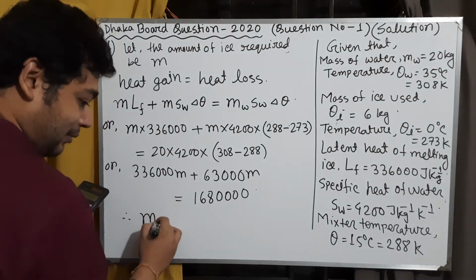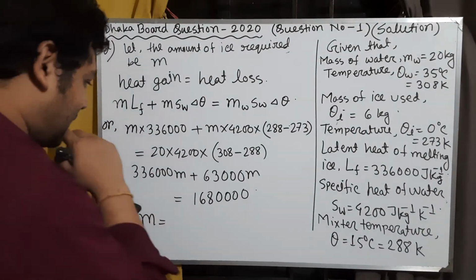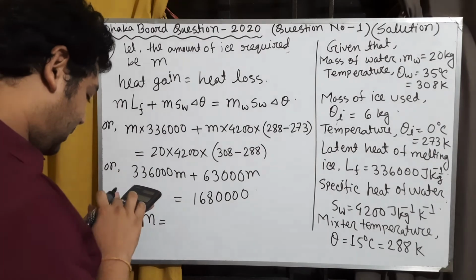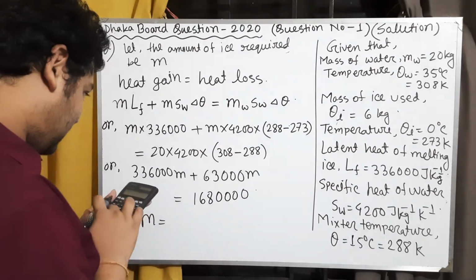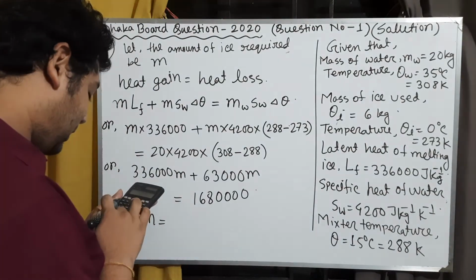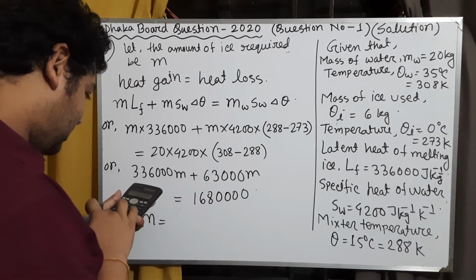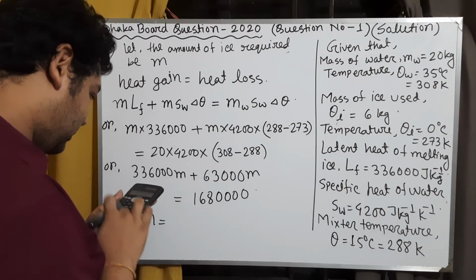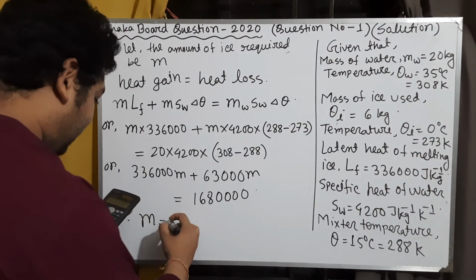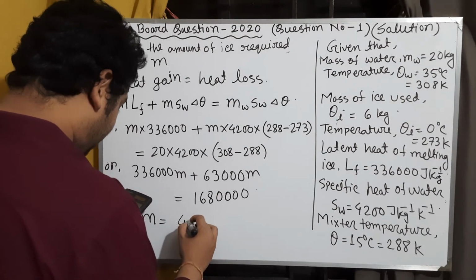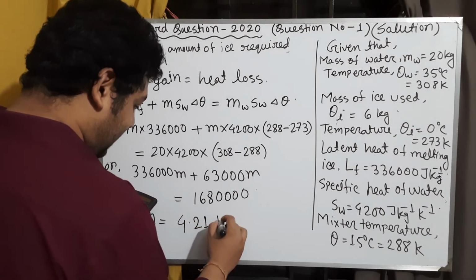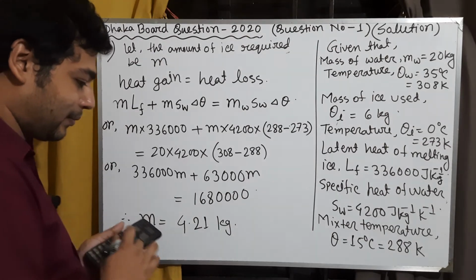Therefore M will be 1680000 divided by (336000 plus 63000), and M will be 4.21 kg.